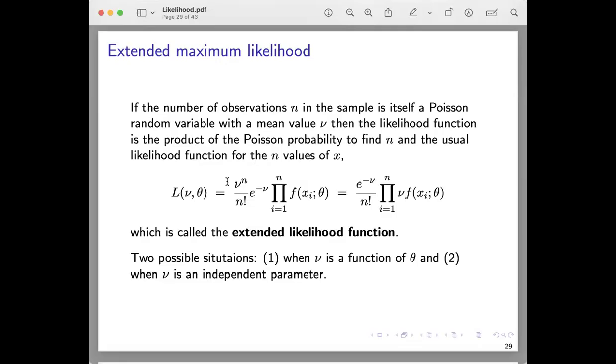So here we are treating the total number of events observed in an experiment as not fixed, but actually drawn from a Poisson distribution with an expected value nu. For example, you got some number of events from some experiment, but you expect the true number of events, given a cross section times luminosity, is some expected number which is not exactly known, and you want to find that exact number.